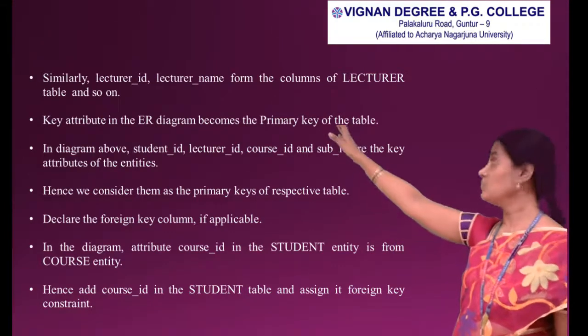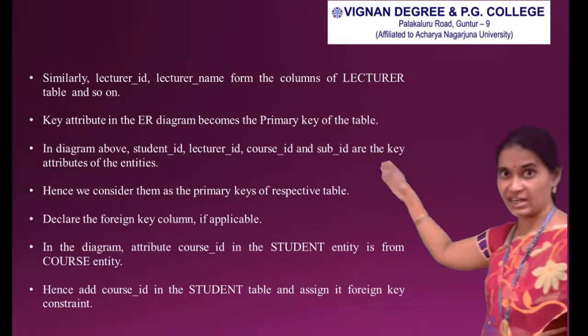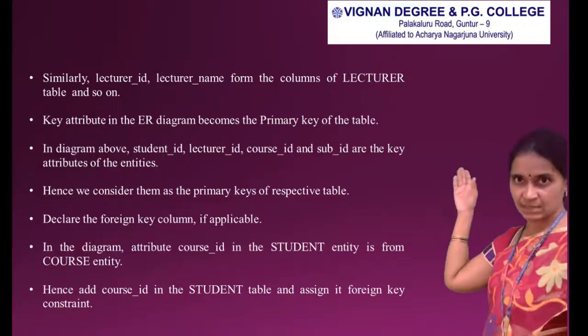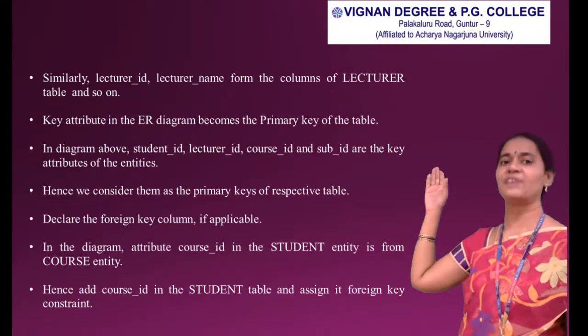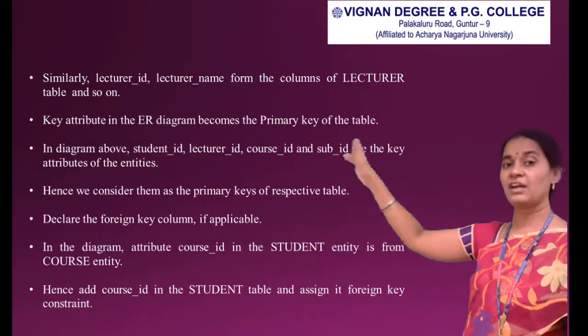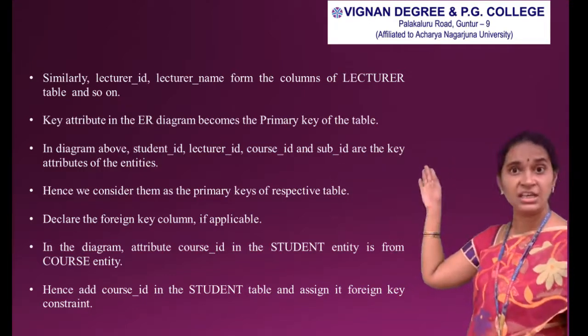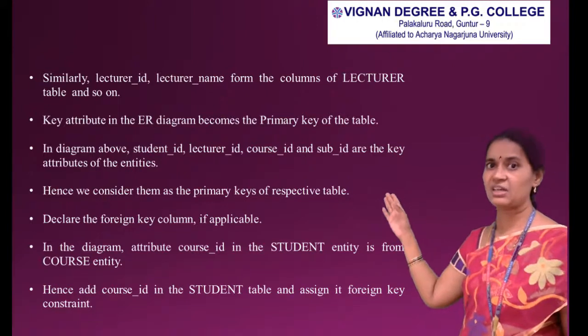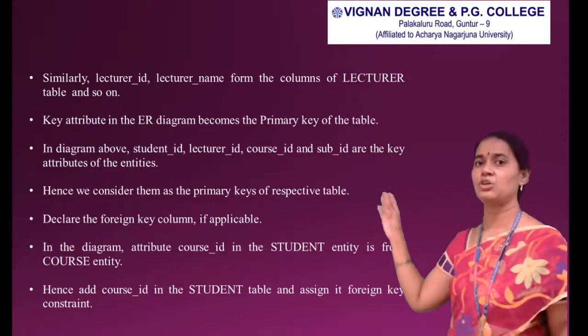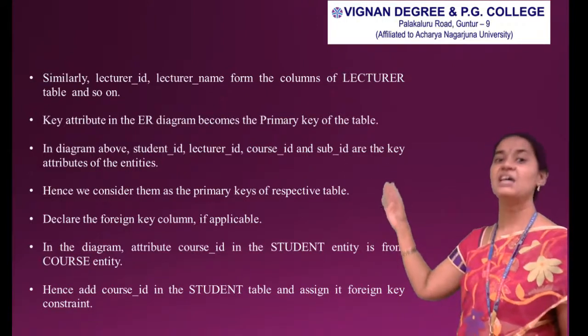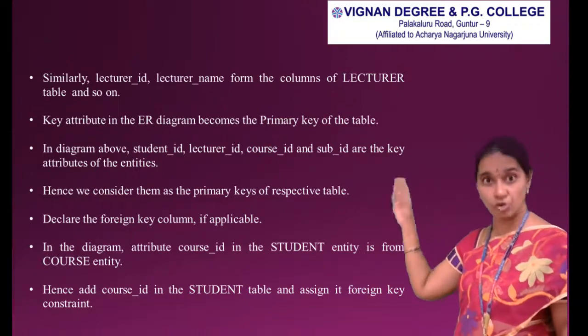In the diagram, the student ID, the lecturer ID, the course ID and the subject ID are the key attributes for every entity. For the student entity, student ID. For the lecturer entity, lecturer ID. For the course entity, course ID. For the subject entity, subject ID. These are the key attributes which are here considered as the primary keys of the four tables.